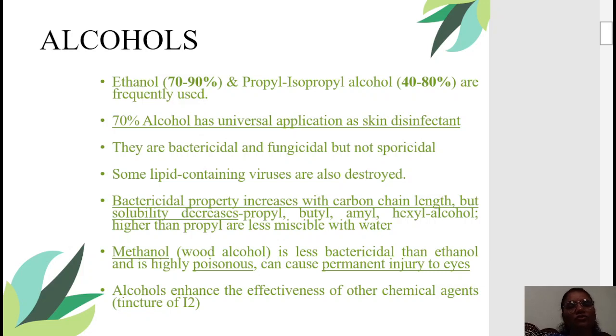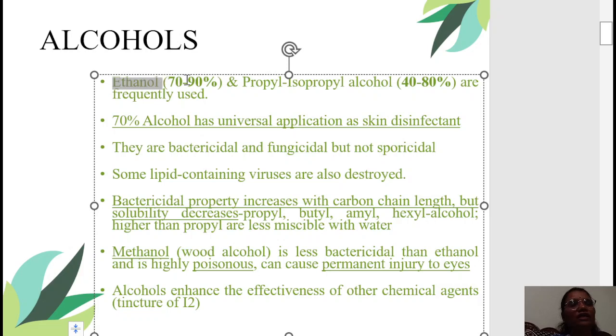So, alcohol. A huge range of alcohols are known to us, starting from methanol, ethanol, propanol and isopropanol, butanol, hexanol, etc. But among the huge list, we popularly come across two alcohols used as antimicrobial agents in day-to-day practice: ethanol in the concentration range of 70 to 90% and isopropyl alcohol, used in the range of 40 to 80%.